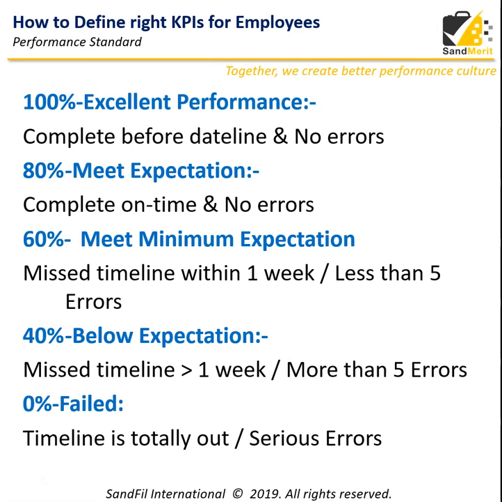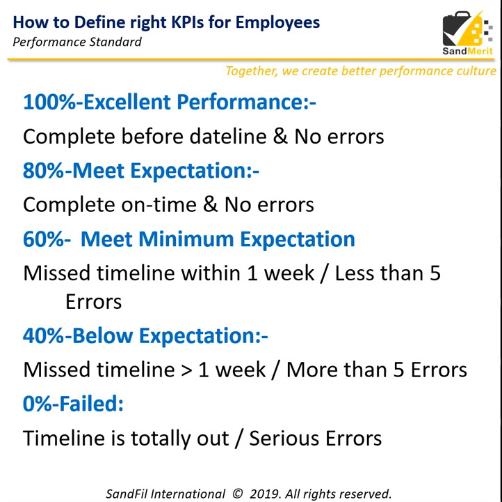Next thing you need to know is the performance standard. You have 5 categories here: excellent performance, meet expectation, meet minimum expectation, below expectation, and so on. When you set expectation, if the employee meets your expectation, it is an 80% score.